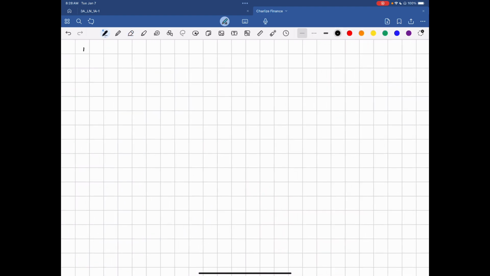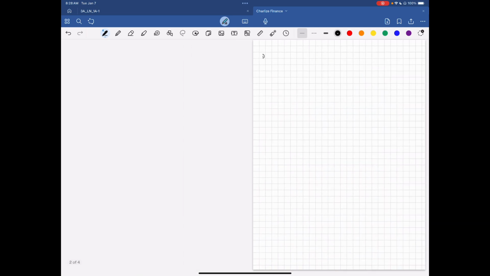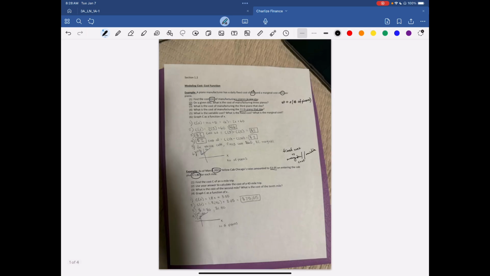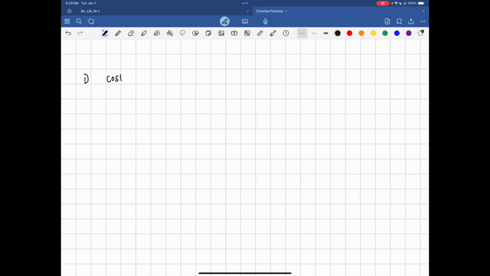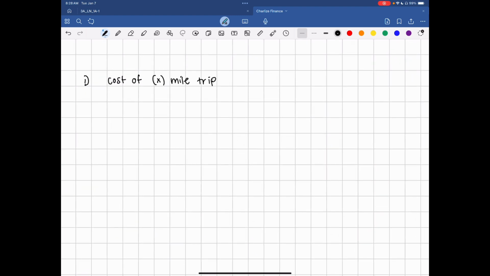For number one, it's asking to find the cost C of an X mile trip. So my trip depends on X, and it's really similar to the first problem.